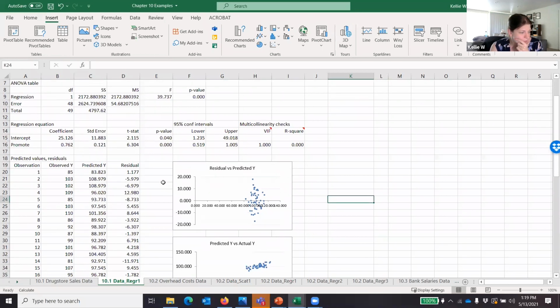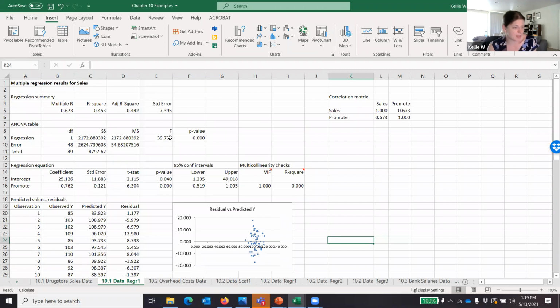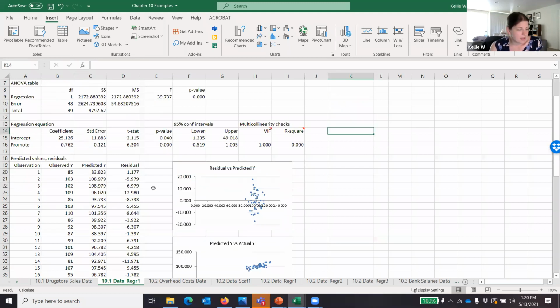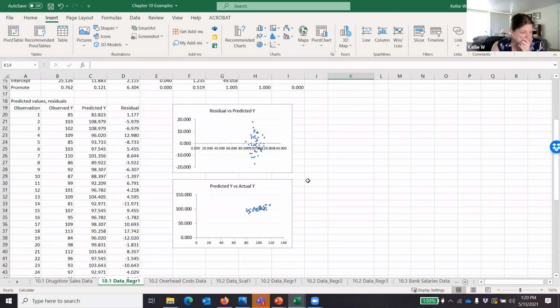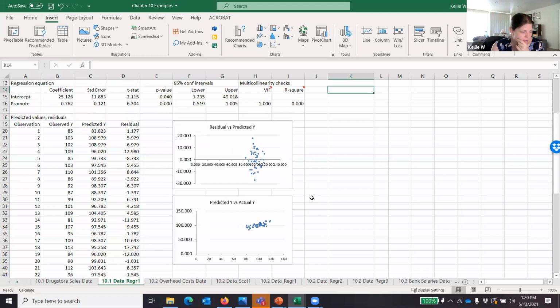I'm going to show you how to do this to get this output in a second. They also ran a correlation. We've done that before to see how strongly the sales are correlated. And then they plotted the residuals. So that's interesting. I think we're going to cover a little bit more about this later.